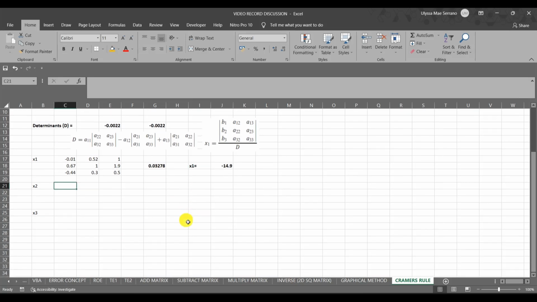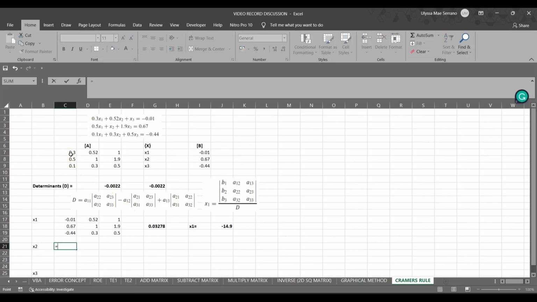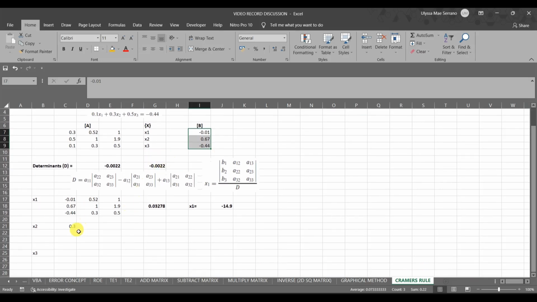And we will be able to find the value negative 14.9. So for our x sub 2, we're using the values of A11. What we're going to change is this particular column, using our B values, and we're going to use the values at the last column.